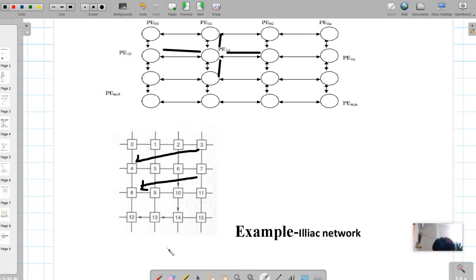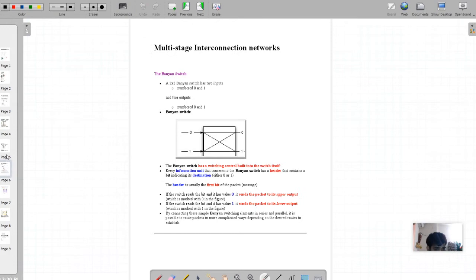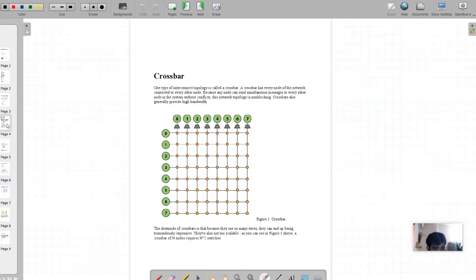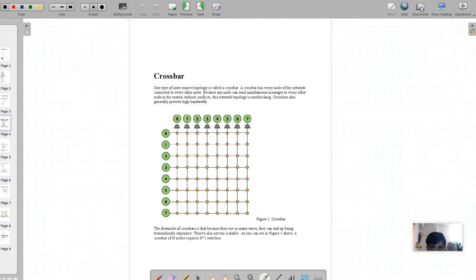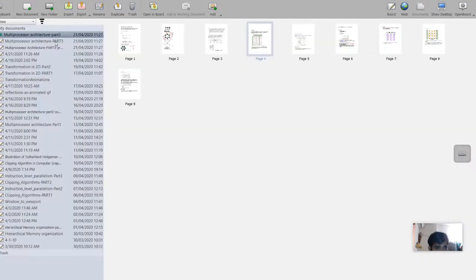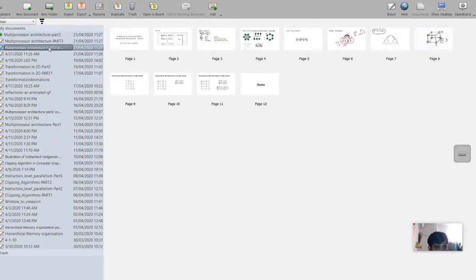The idea behind this numbering or this implementation was to algorithmically or mathematically formulate something by which the system can tell which other processors the processor can directly communicate with.